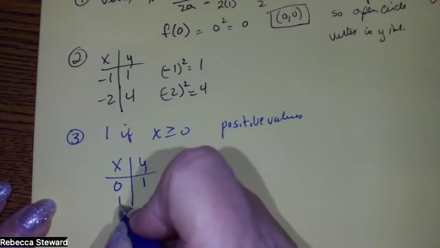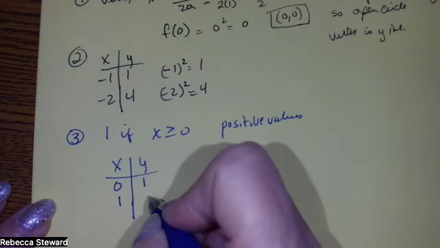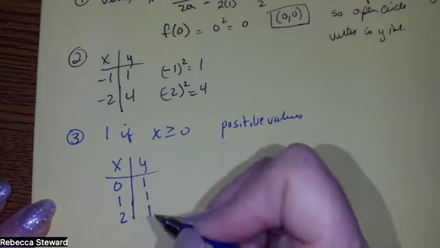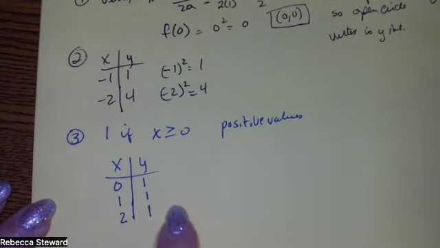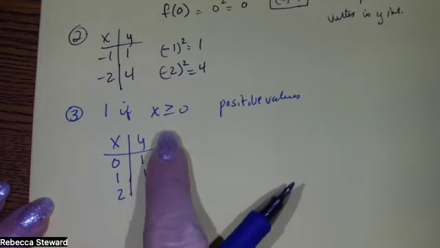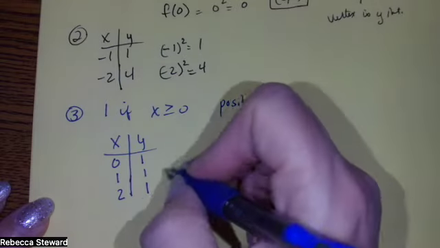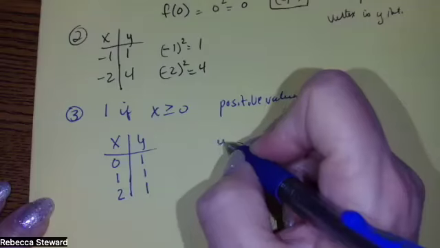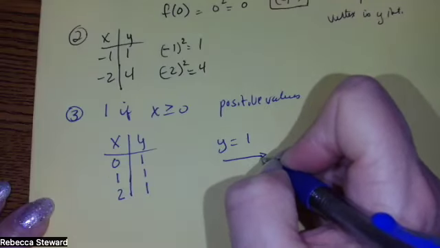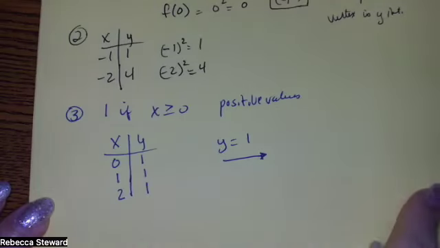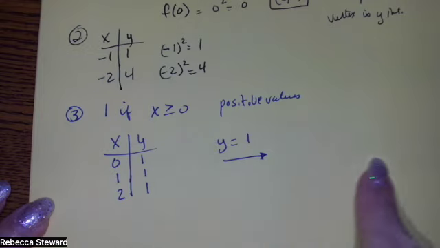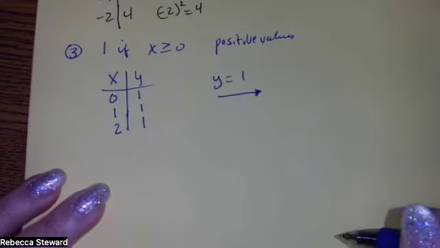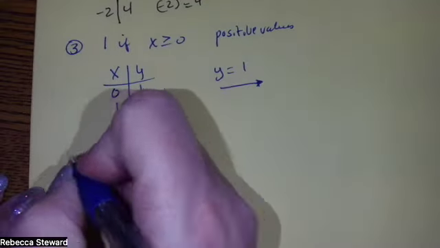If x is 1, our value is 1. If x is 2, our value is 1. It doesn't matter, a positive value is going to get us 1. So basically, that's going to give us a horizontal line at y equals 1. No matter what x is, y will equal 1.